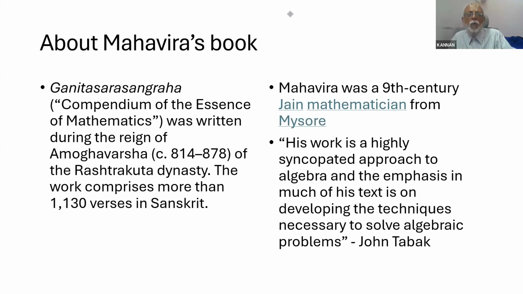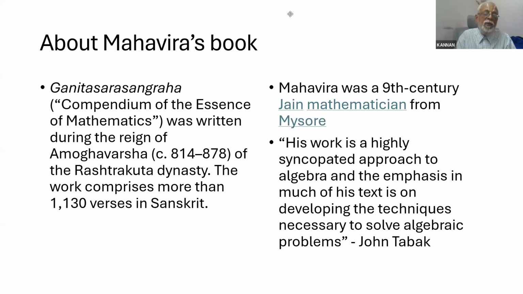I am reading one sentence of appreciation about Mahavira. This is from John Tabak. His work is a highly syncopated approach to algebra, and the emphasis in much of his text is on developing the techniques necessary to solve algebraic problems.